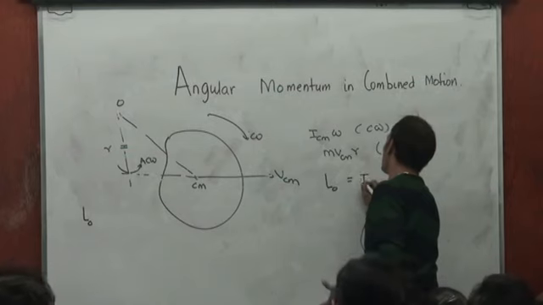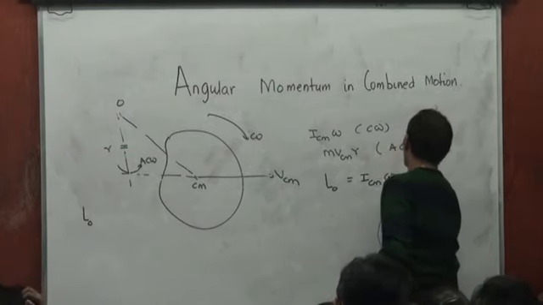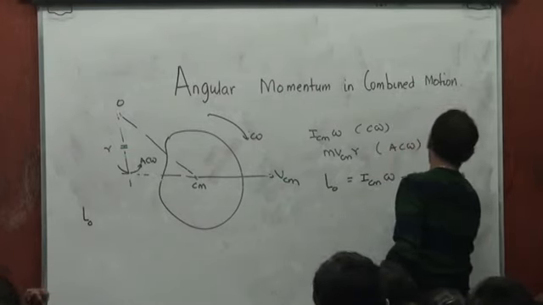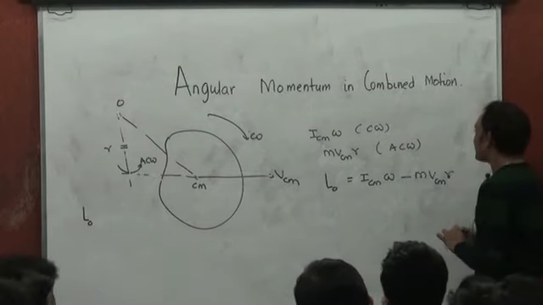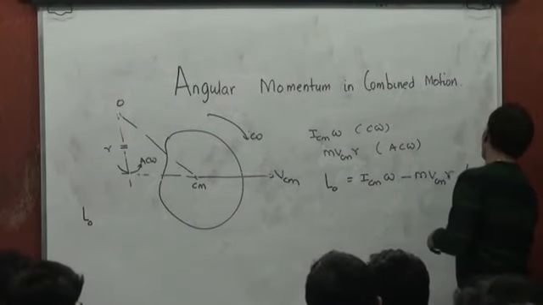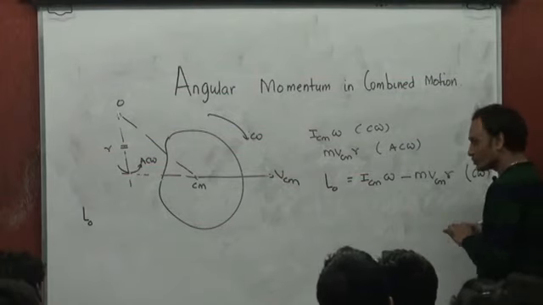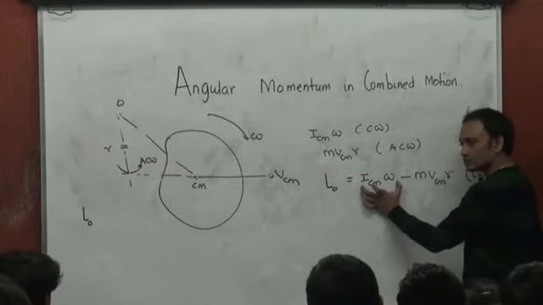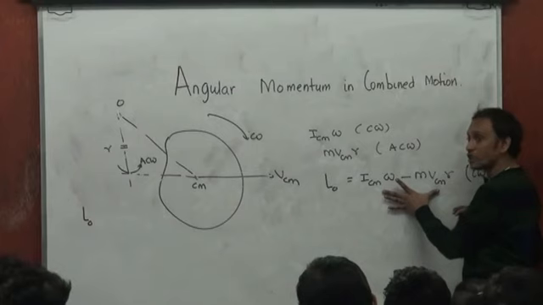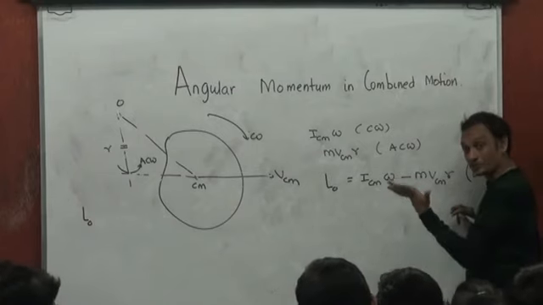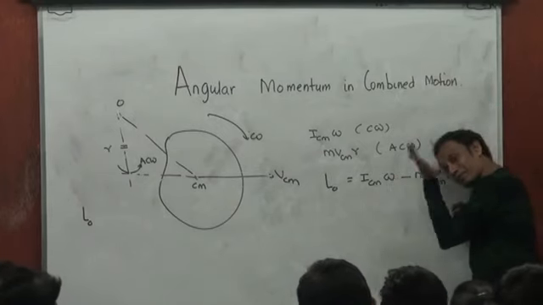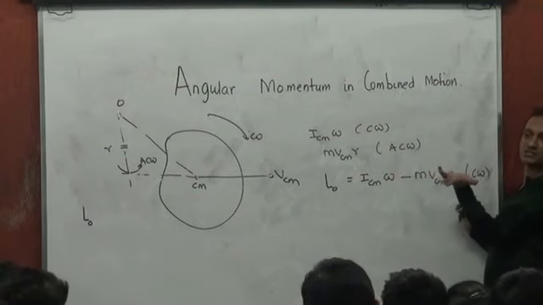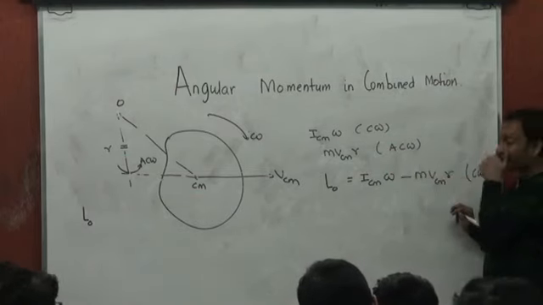So I CM omega minus m v CM r, that's the net clockwise angular momentum. If this number turns out to be positive, then it's positive. If it turns out to be negative, it means the angular momentum is anti-clockwise. That's what it is. Clear?